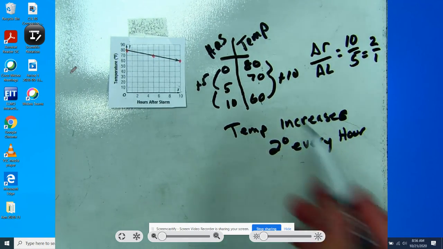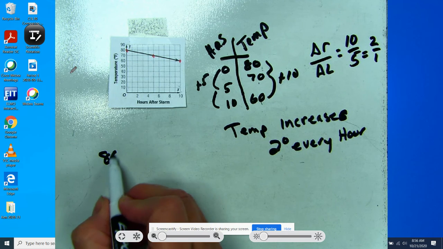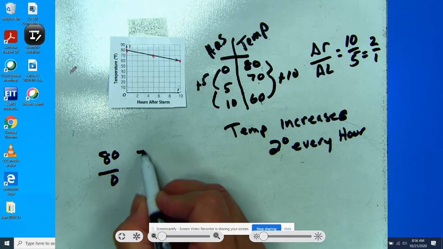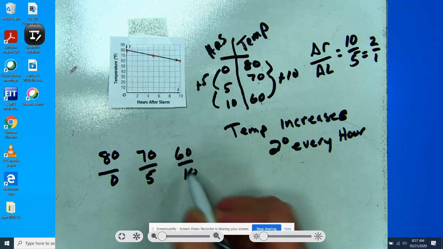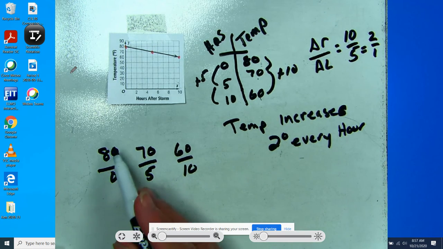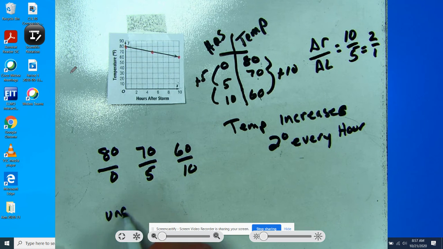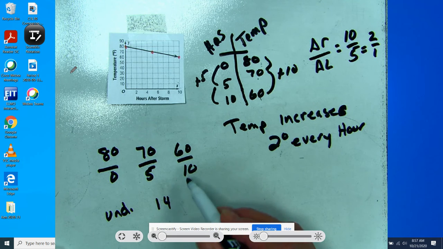So now we have to determine whether or not it's proportional. To know if it's proportional, we're going to make fractions. 80 over 0, 70 over 5, 60 over 10. 80 divided by 0 is undefined. 70 divided by 5 is going to be, let's see, 14. 60 divided by 10 is going to be 6.